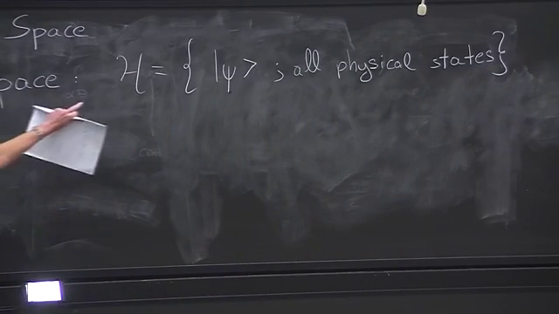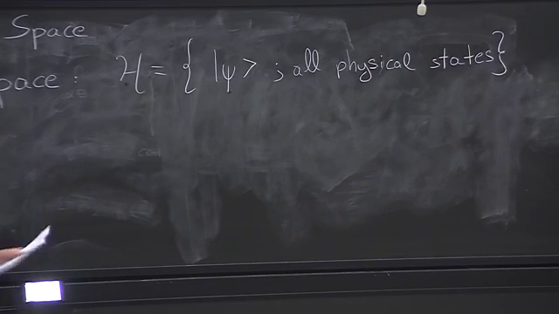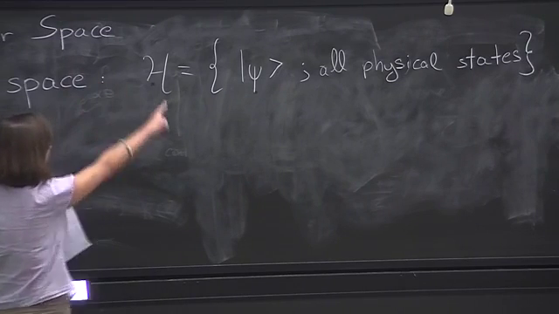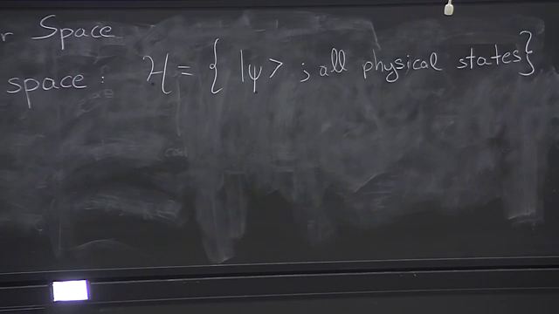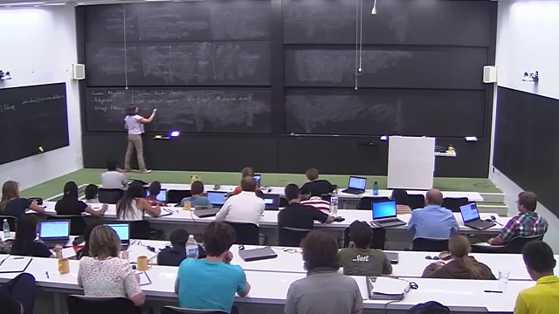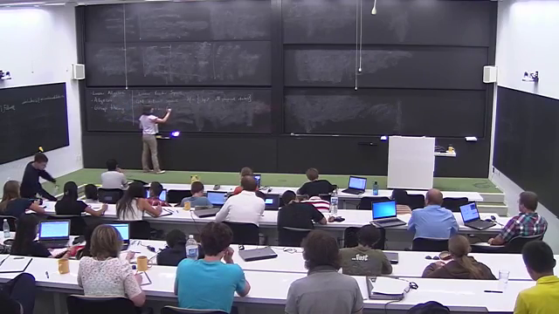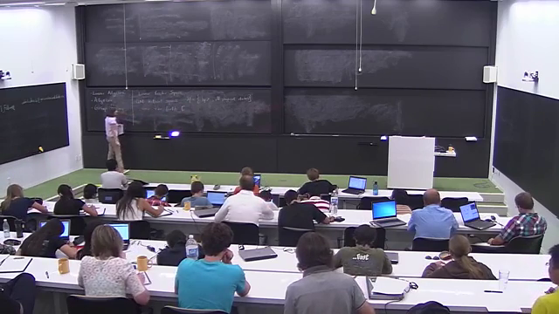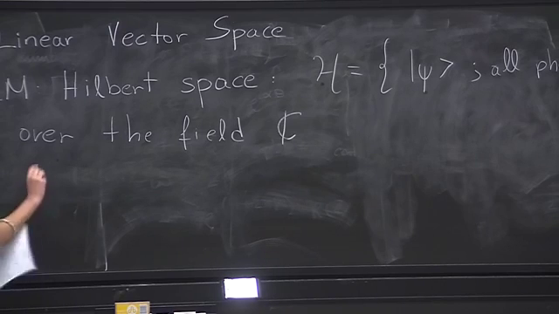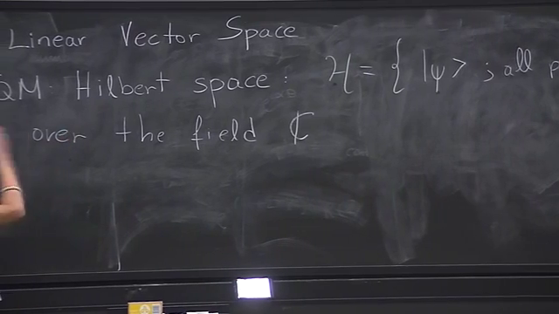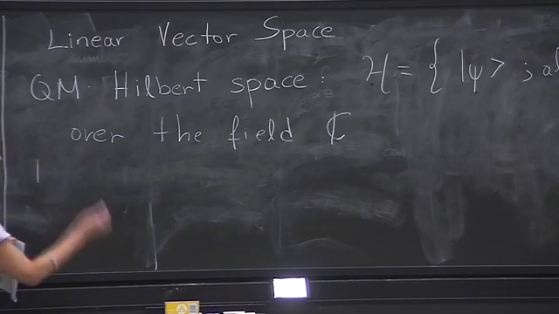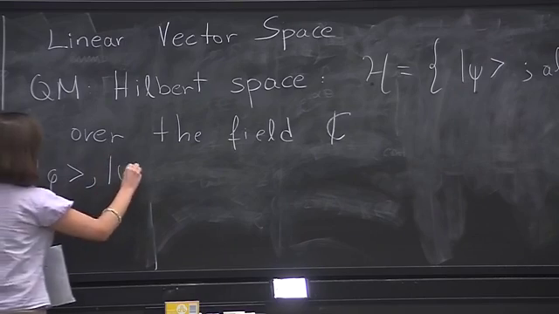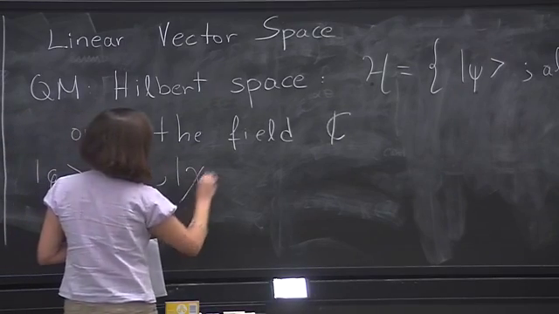Now, what do we mean with H being a linear vector space? And I should say this is a linear vector space over the field of complex numbers. It means that if we take, I will need 3 states that are elements of H. So I will be using phi, psi, and chi.